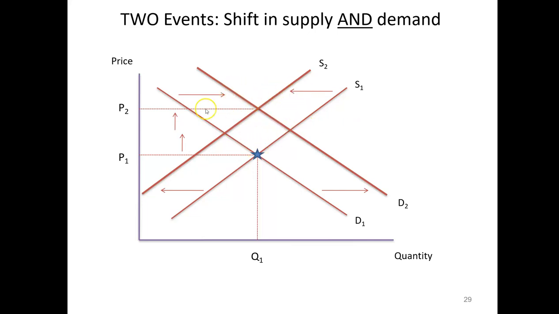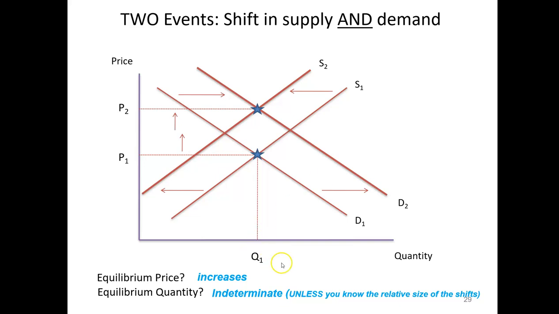Or, like I've drawn it in this case, the increase in demand is approximately proportional to the decrease in supply, where the equilibrium quantity was going to stay about the same. However, that's only true if this is drawn to scale, if you know the relative size of the shifts.